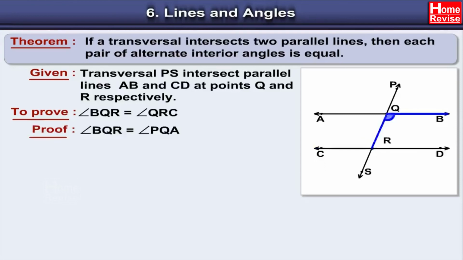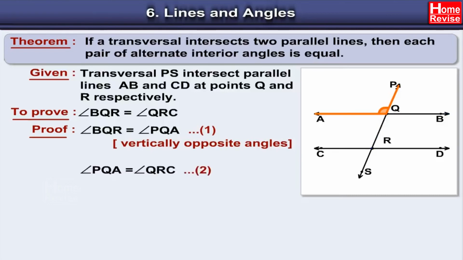Proof: angle BQR is equal to angle PQA since they are vertically opposite angles (1). Angle PQA is equal to angle QRC, a pair of corresponding angles (2).